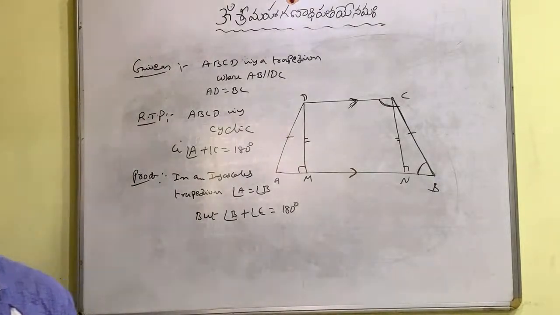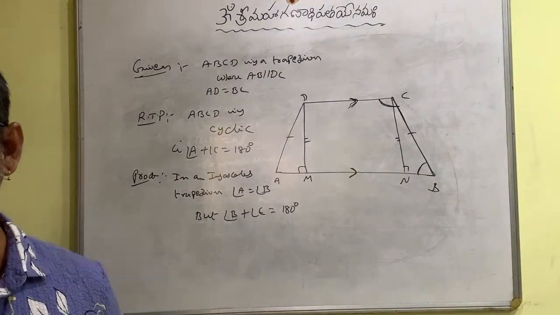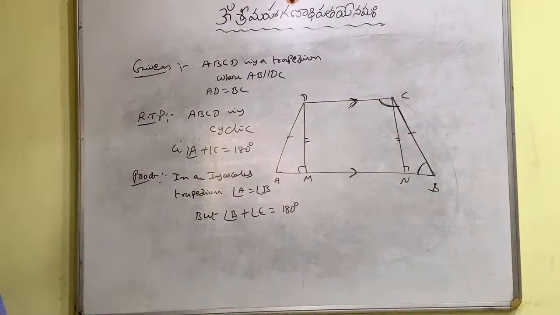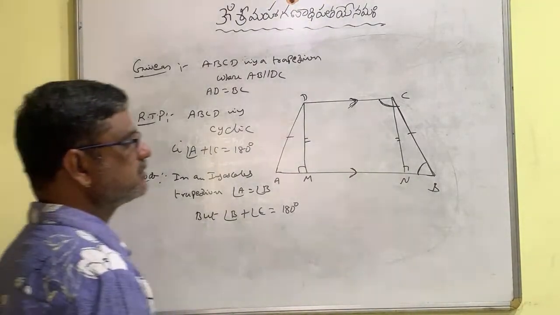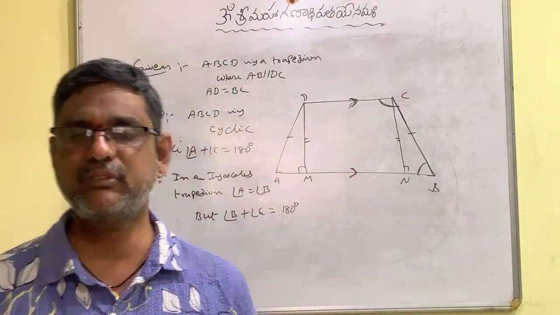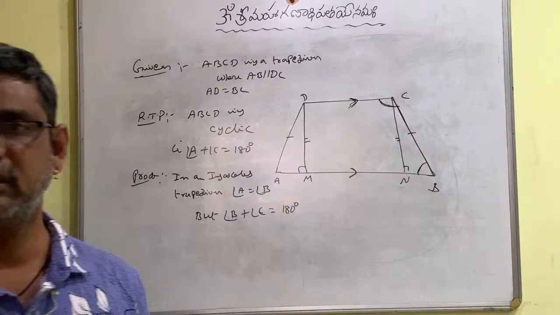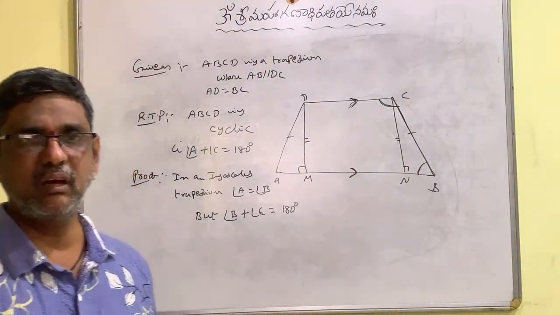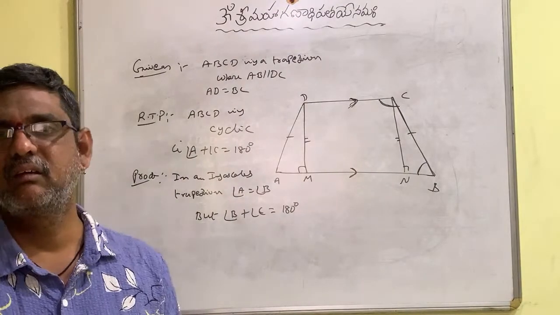Are you sleeping now? Aniket, are you sleeping? Angles on the same side of the transversal. Interior angles on the same side of the transversal are supplementary, or co-interior angles.